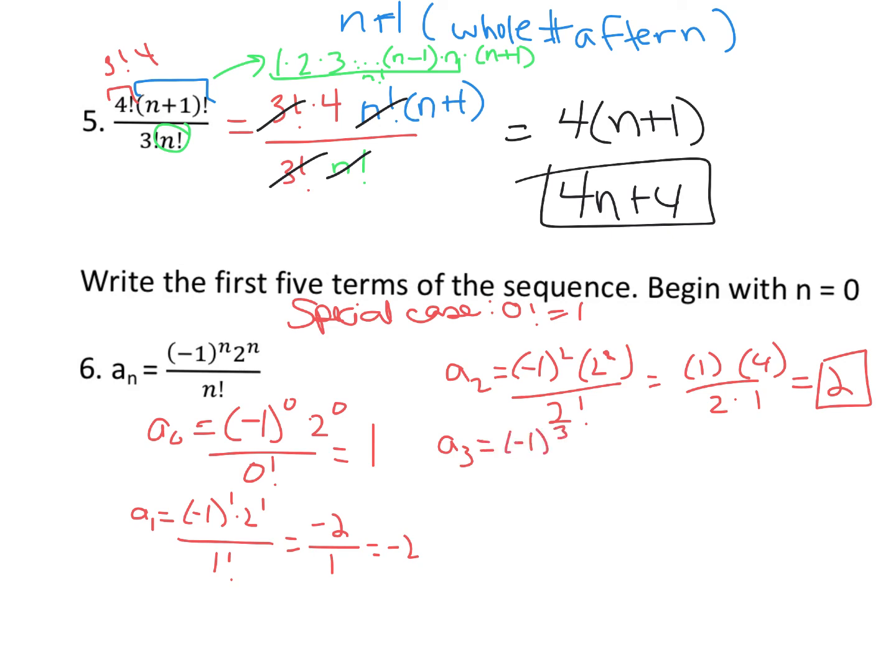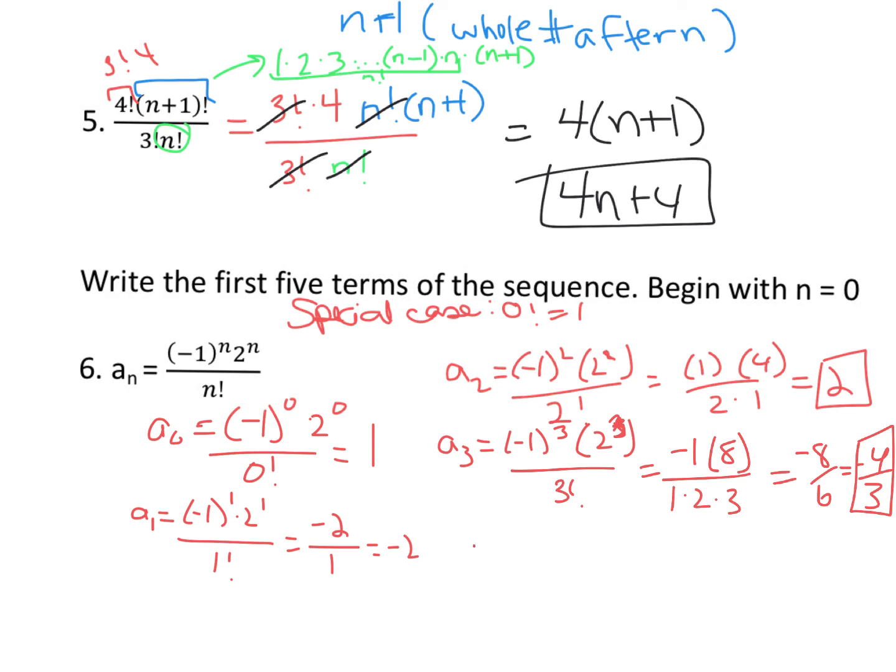A3 is equal to negative 1 to the third times 2 to the third, all over 3 factorial. This is a 3, by the way. Hopefully you can figure that out. That gives me negative 1 times 8 over 1 times 2 times 3, which is 6. I end up getting negative 8 over 6, which simplifies to negative 4/3.